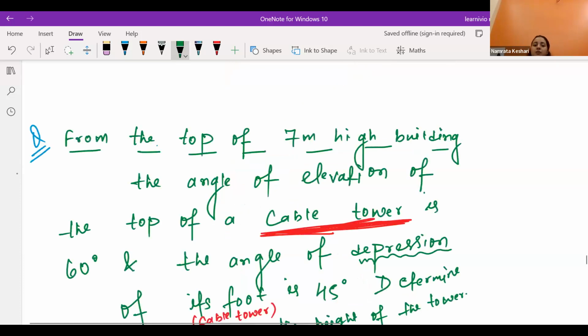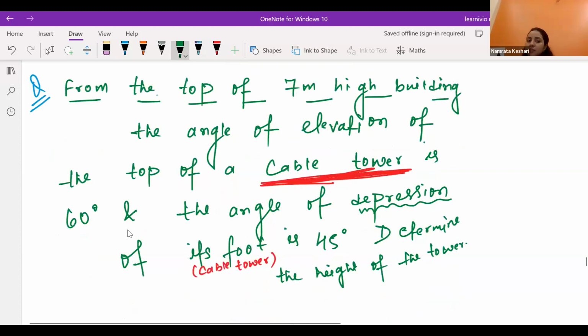Now we are having this question. If the concept of angle of depression is clear, let's solve this question. We will be reading it carefully and we will try drawing the figure.